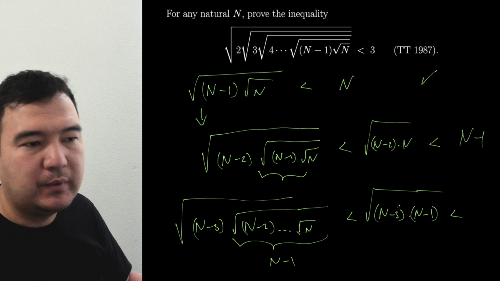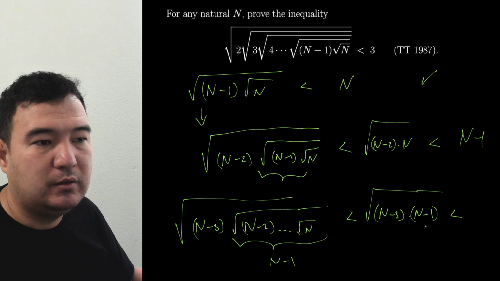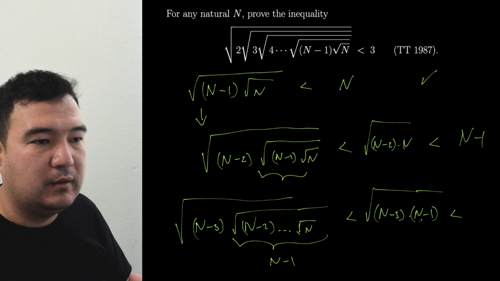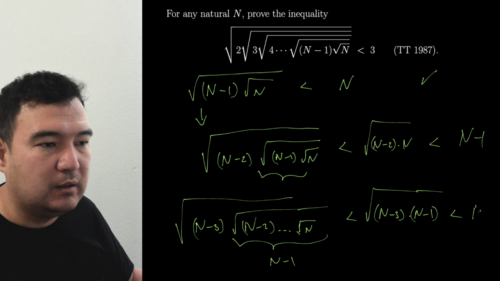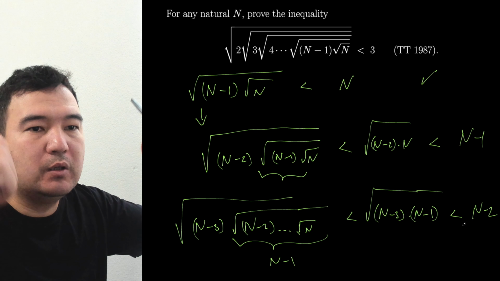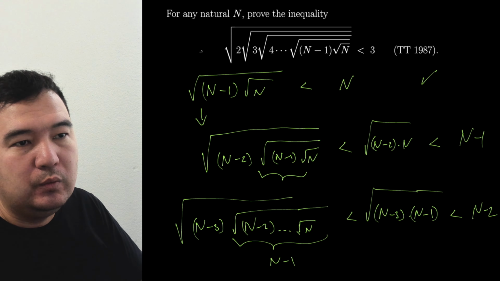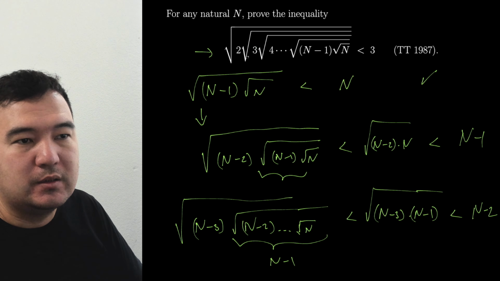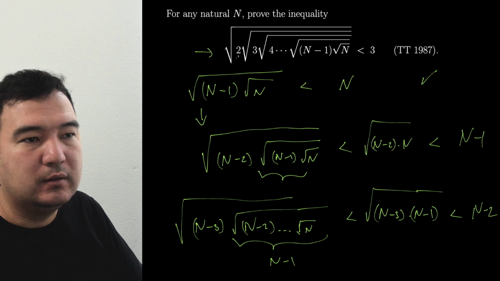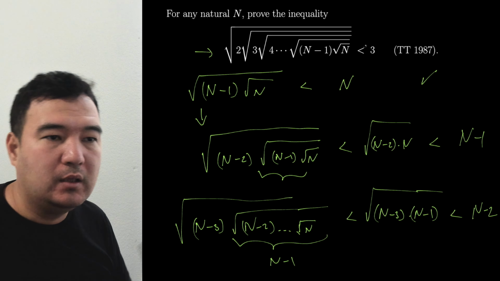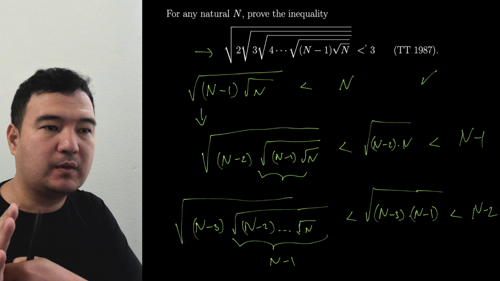If you open the parentheses and look at the expression, you can notice that it is less than n minus 2. So you just keep going down until you get to 2, and then this expression is less than 3. So that's how induction works.